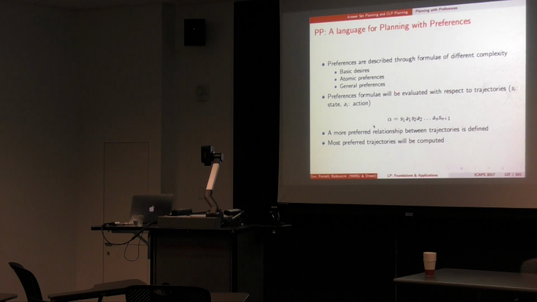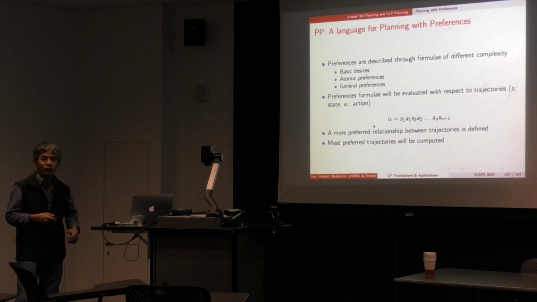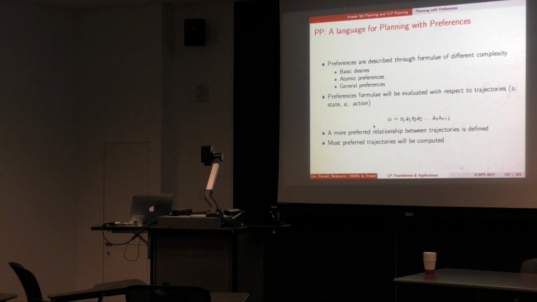Preference formula will be evaluated with respect to a trajectory, so basically a plan. And we define a more-preferred relationship between the trajectories, and then we develop logic programming rules to express this in the code, and we just call the solver to solve it.